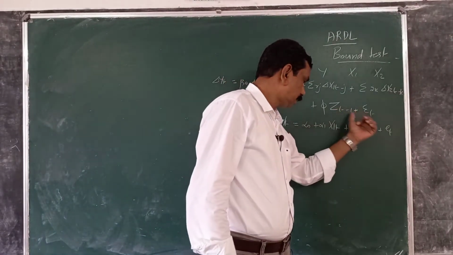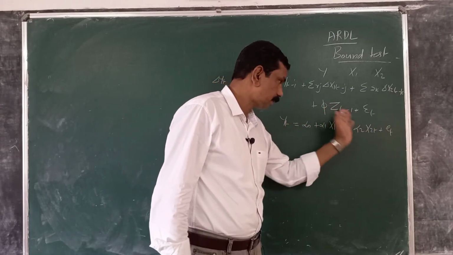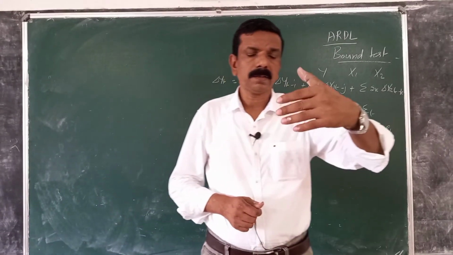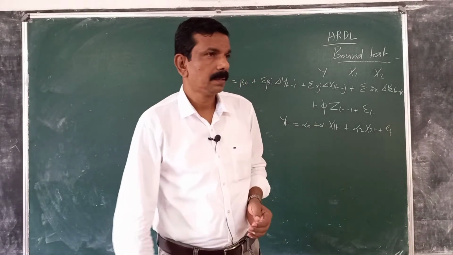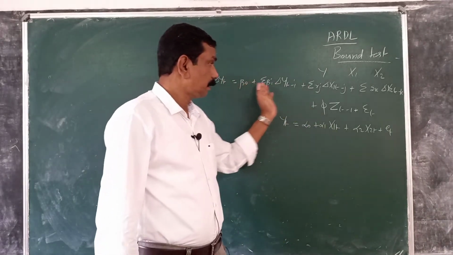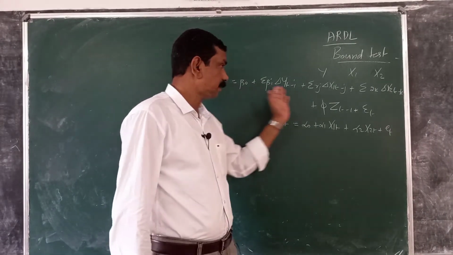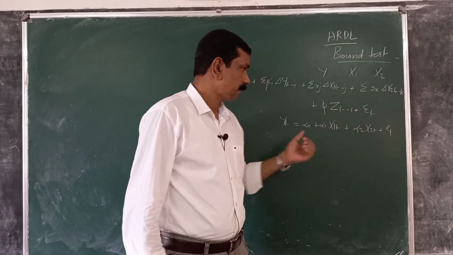Then zt minus 1 is simply the lag of zt. This is what we have considered earlier, and it is familiar to us: the error correction model for the single equation model. All the variables are in first difference, and this is the error correction term z.